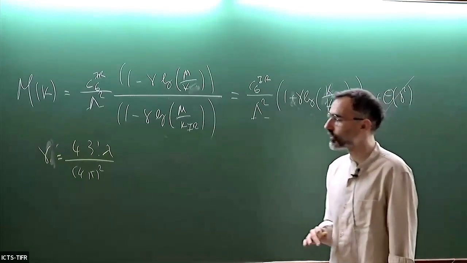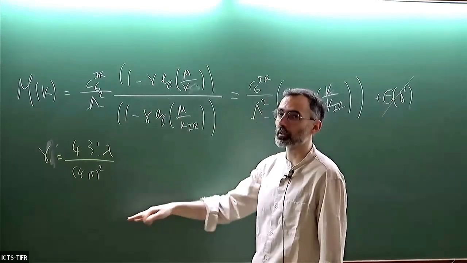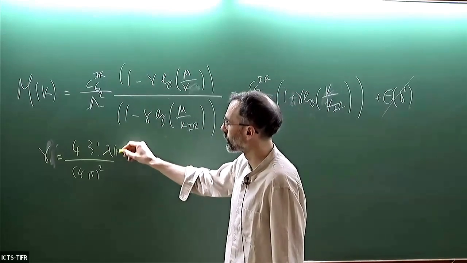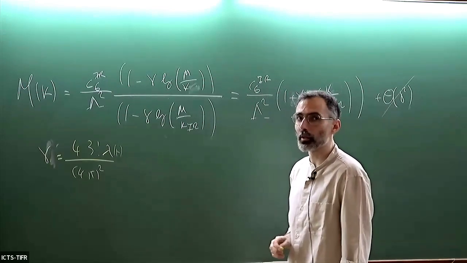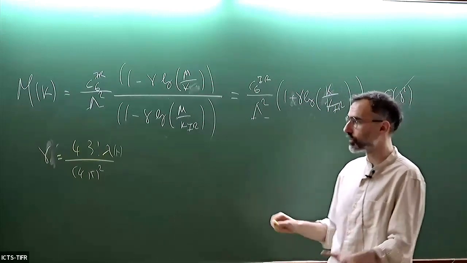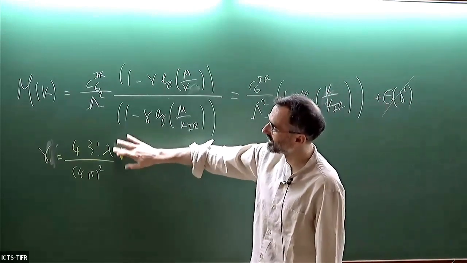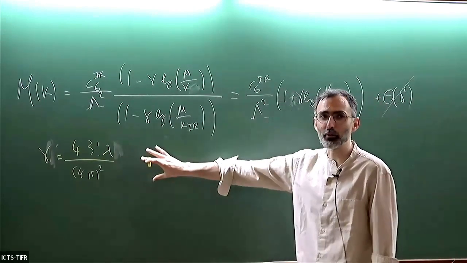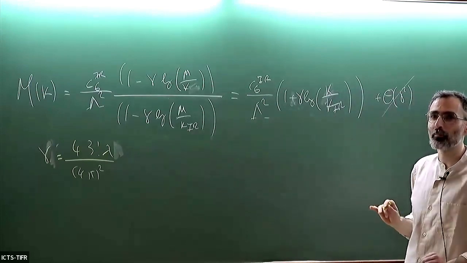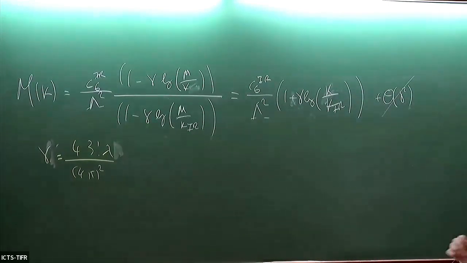If you want to be consistent, there's going to be a set of RGs, and this guy comes with its own. But that is a problem for you guys to do. For this lecture, we're going to consider it as a constant. Any other question?